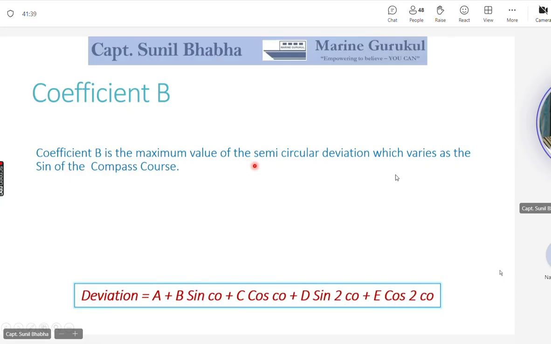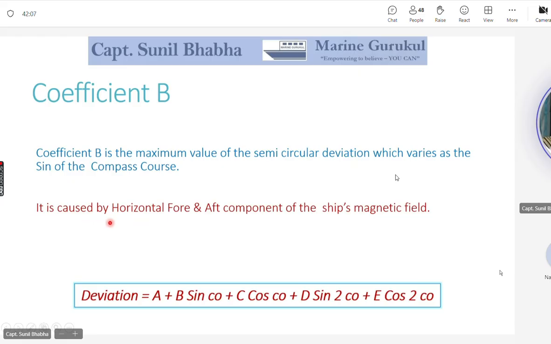So semicircular deviation means that for 180 degrees out of the total 360, it will have one particular name, either east or west, and for the remaining 180 degrees, the name is going to be opposite to this one. So that is the meaning of the semicircular deviation.